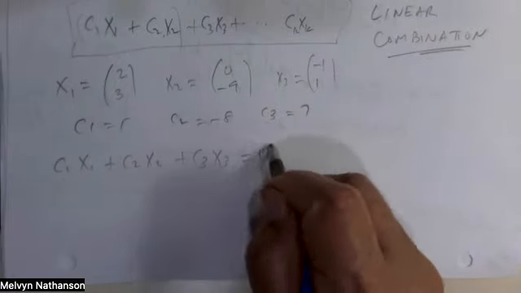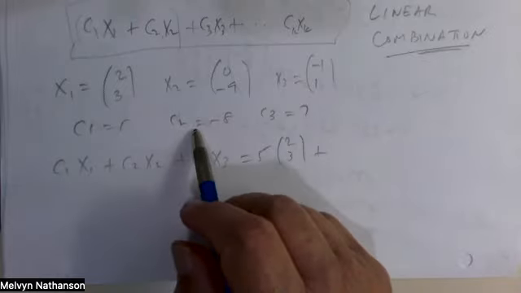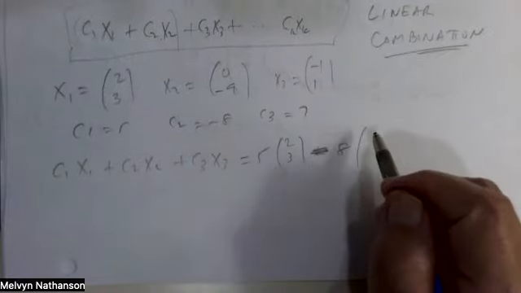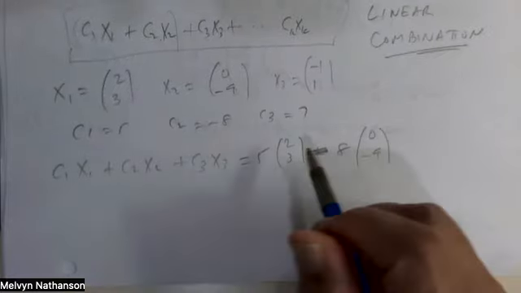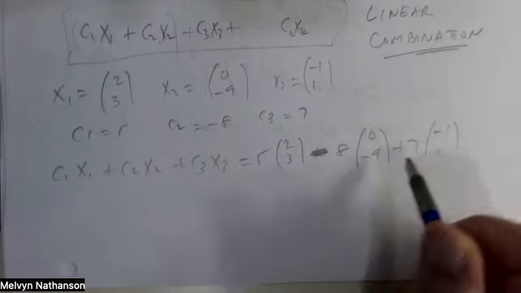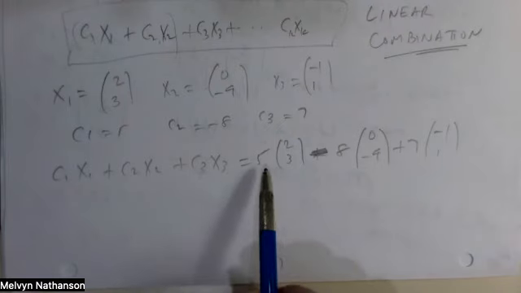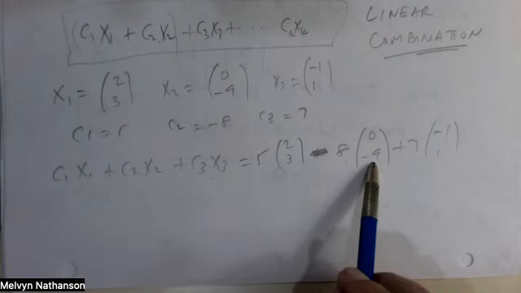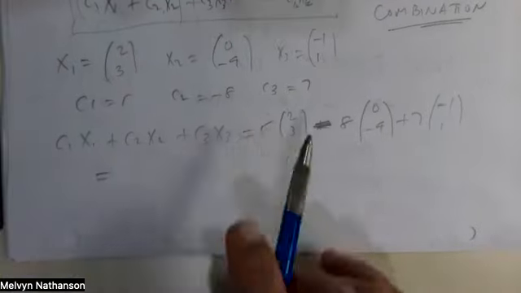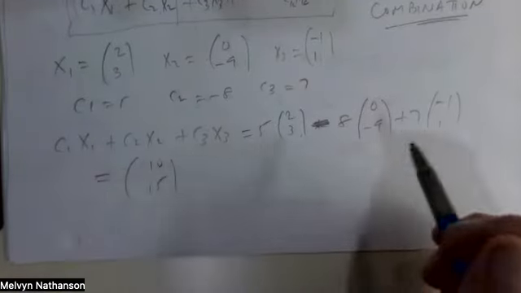c1 is 5 and x1 is the vector (2, 3). What is c2? It's -8 times the vector x2. c3 x3 is 7 times the vector (-1, 1). Right, I'm computing this linear combination: 5x1 - 8x2 + 7x3. What is 5 times this vector? (10, 15).